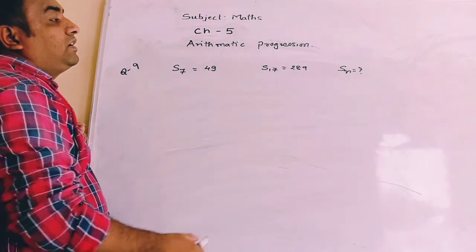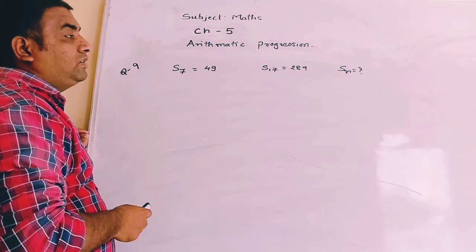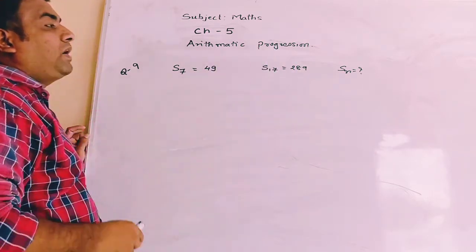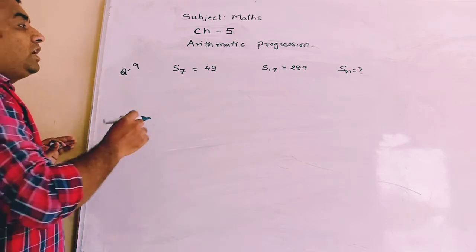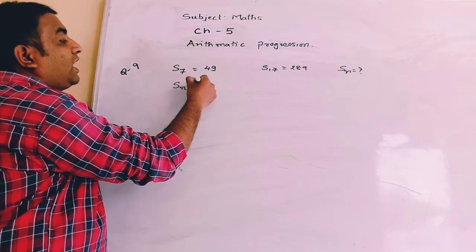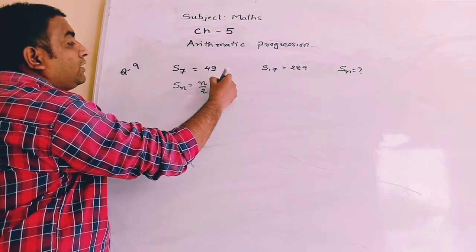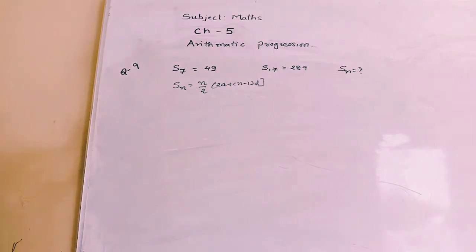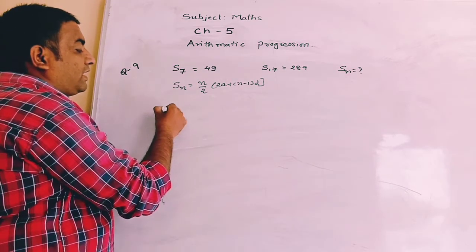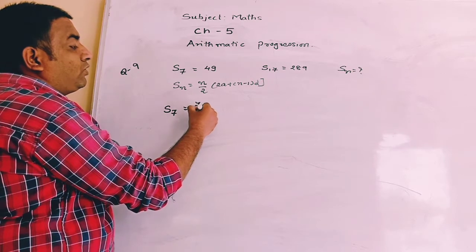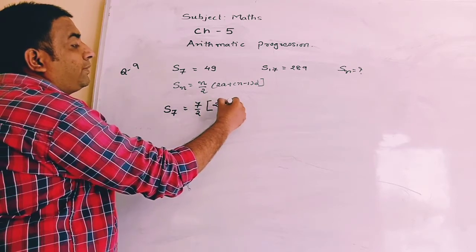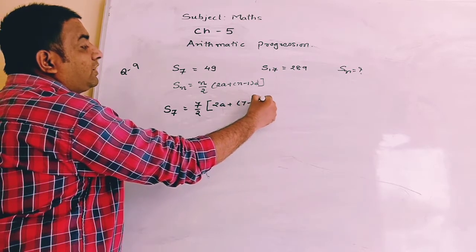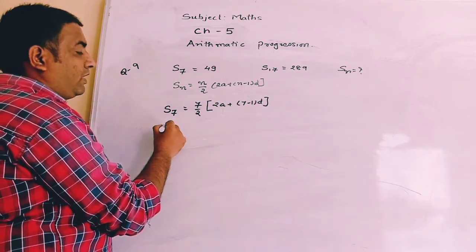Then we want the first term a and the common difference d. So using these two conditions we will find the first term and common difference d. For that, the Sn formula is n by 2 into 2a plus (n minus 1)d. So S7 we can write as 7 by 2 into 2a plus (7 minus 1) into d, and the S7 value is given as 49.